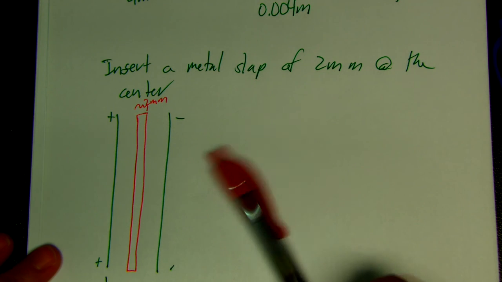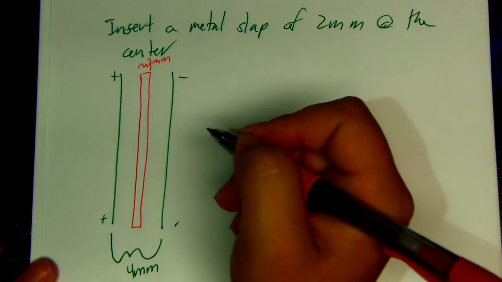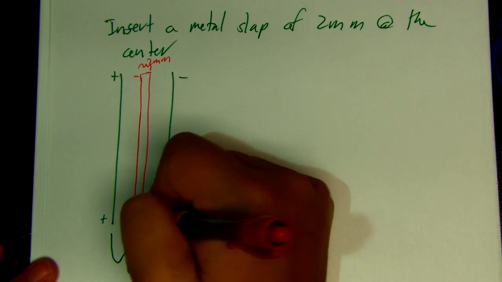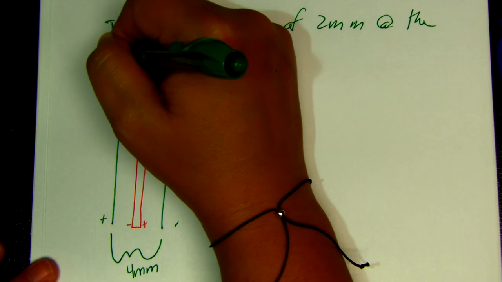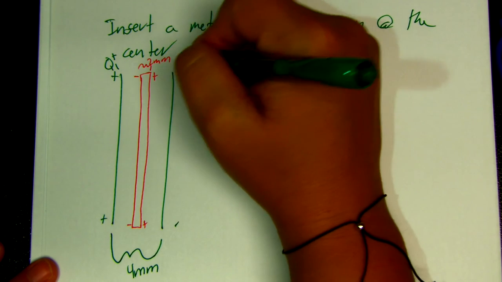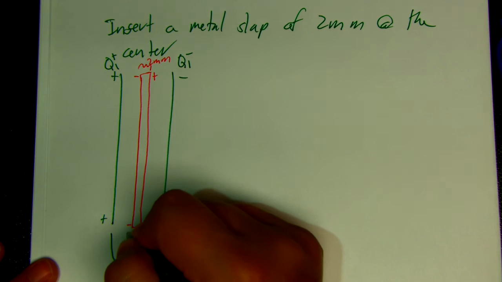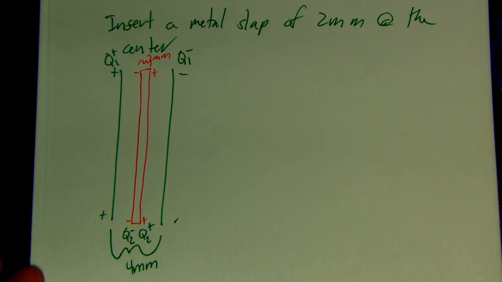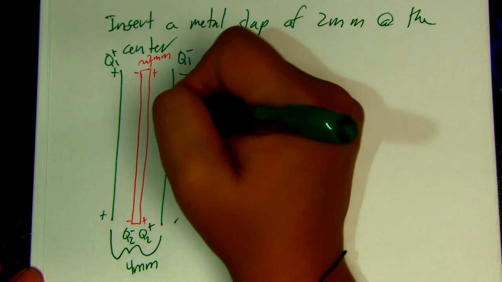What's going to happen to this slab is it will polarize and go to equilibrium. So this side will become minus, this side becomes plus. So then we would have Q1 plus, Q1 minus, and then Q2 minus, Q2 plus. And these gaps here are 1 millimeter on either side.